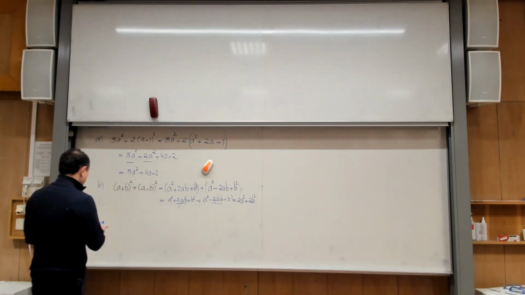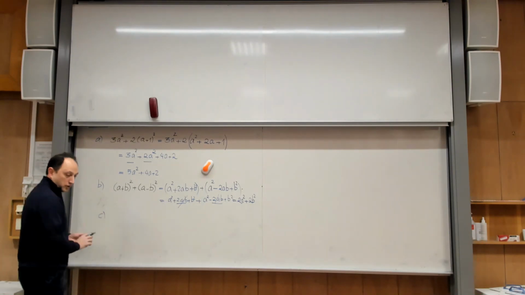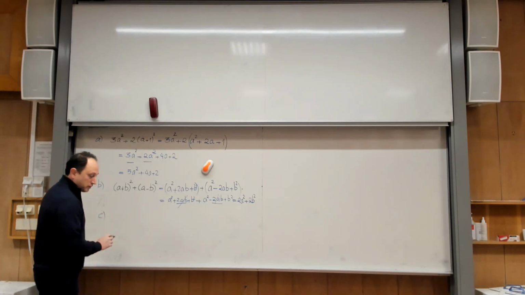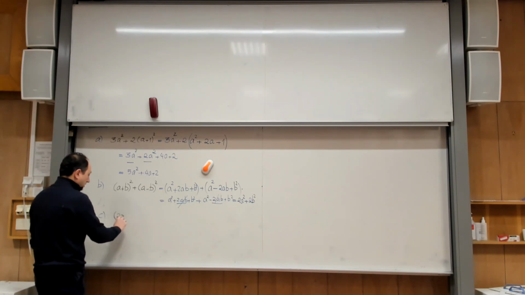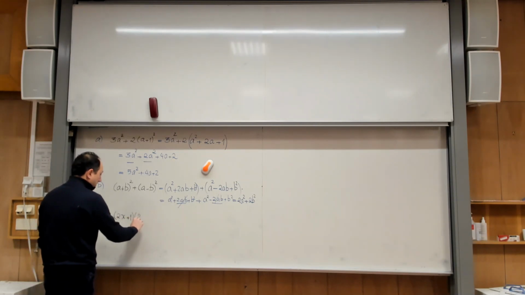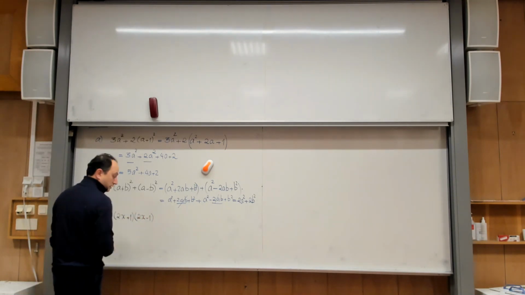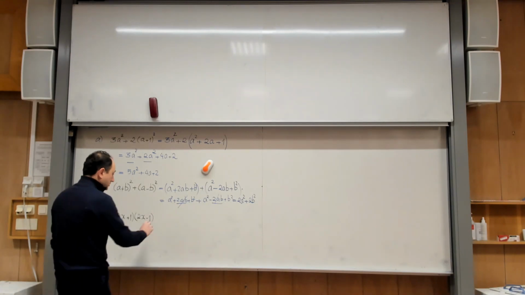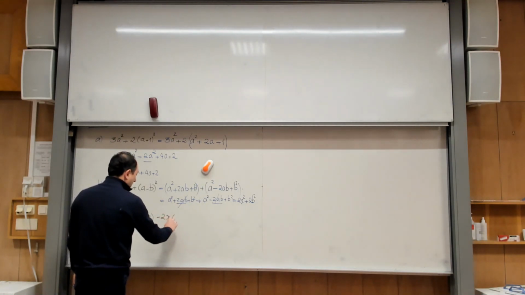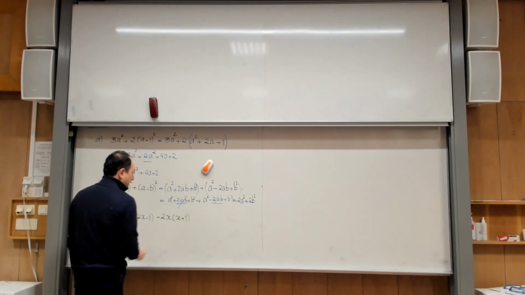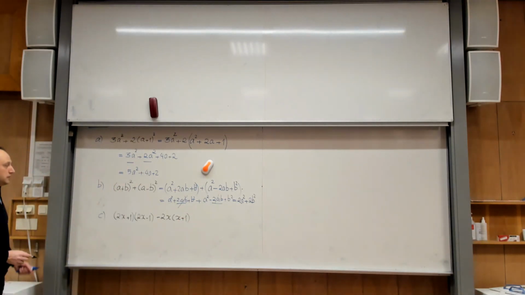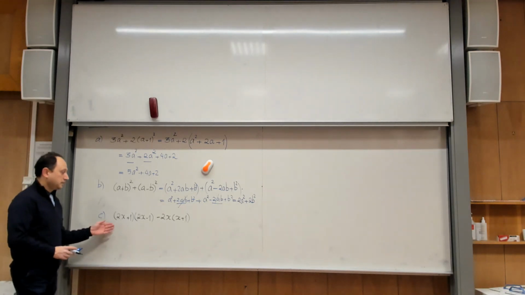Part C, you have this. You have (2x plus 1) multiplied by (2x minus 1), and then minus 2x times (x plus 1). You have to be very good in these kinds of simplifications and things like that. They are very simple.